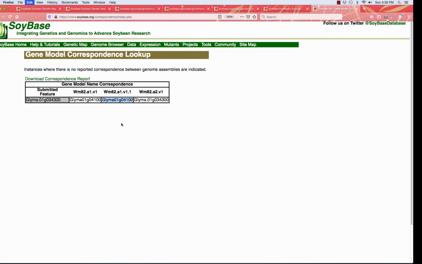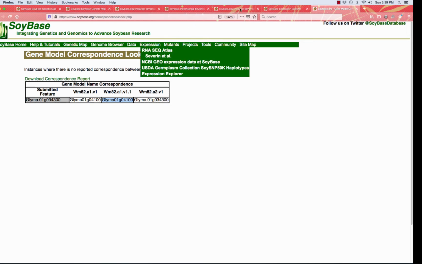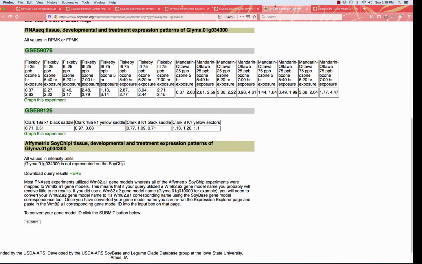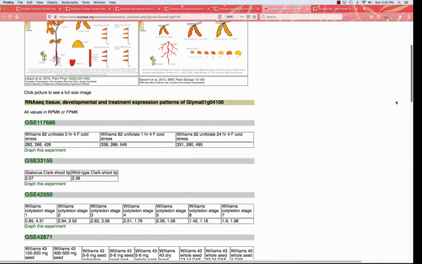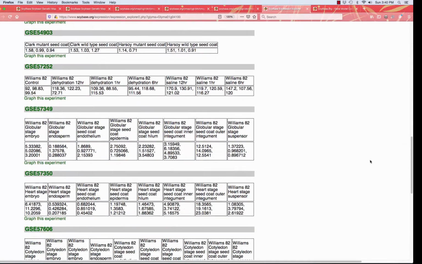01G04100. And if we copy that and then go to any one of our experiment pages and simply replace that GLIMA ID with this one, we can see that there's an awful lot more experiments that we can get information for this gene.